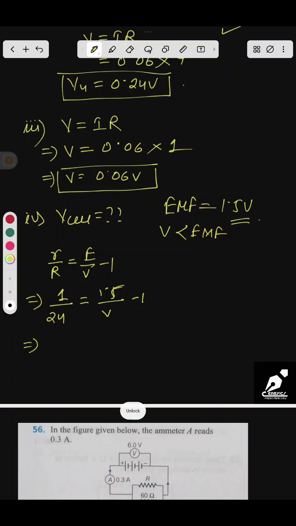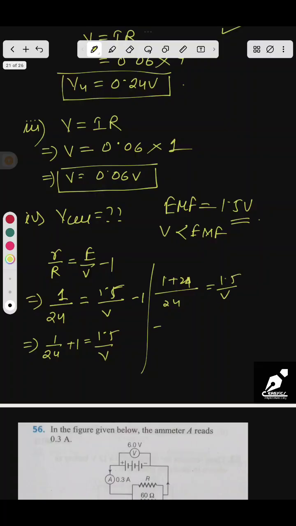So it will be 1 by 24 plus 1 is equal to 1.5 upon V. So 1 plus 24 divided by 24 is equal to 1.5 upon V. 25 by 24 into 1.5 is equal to 1 by V.